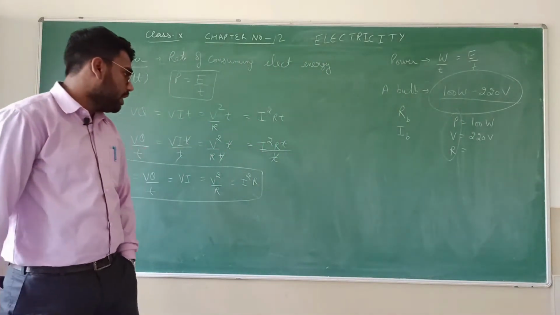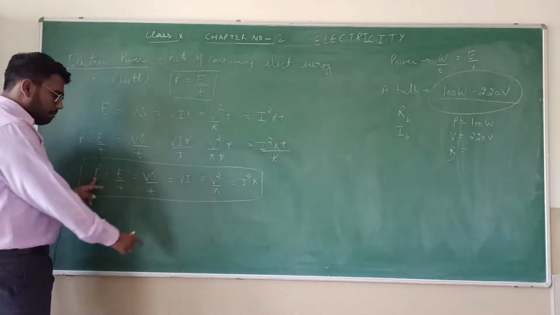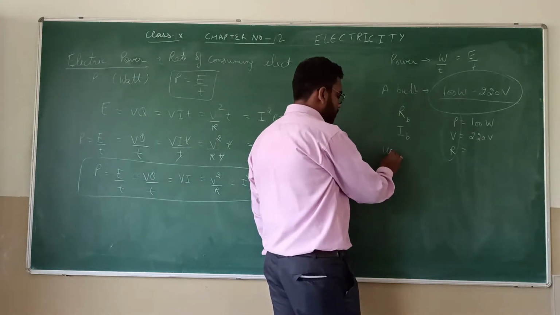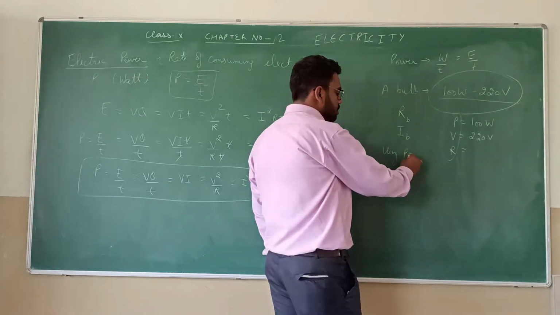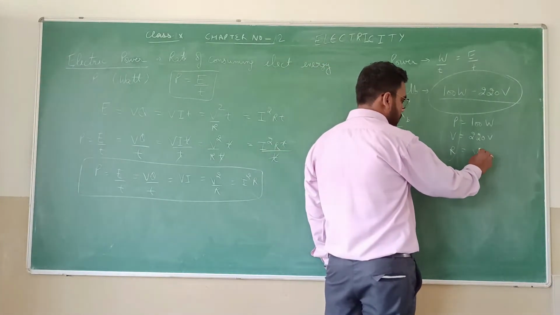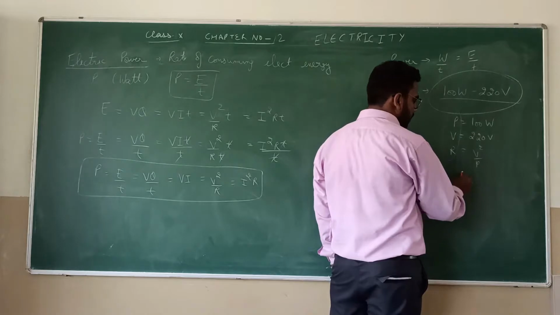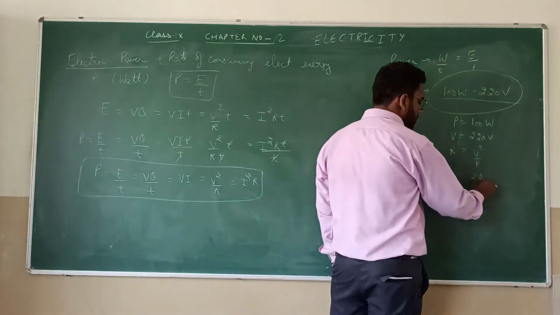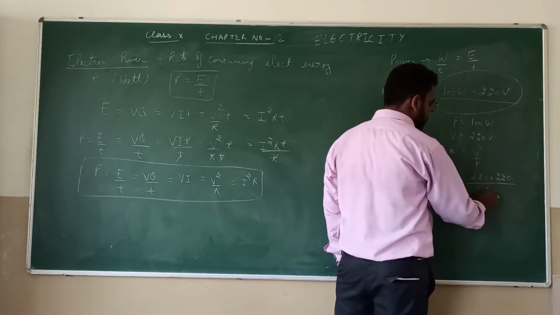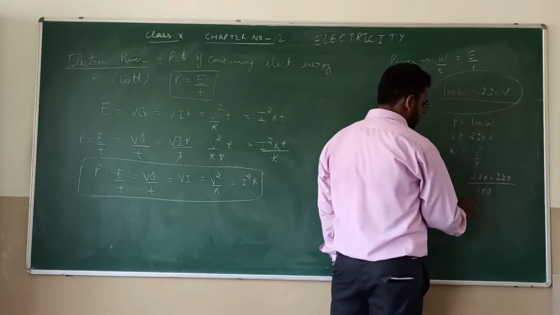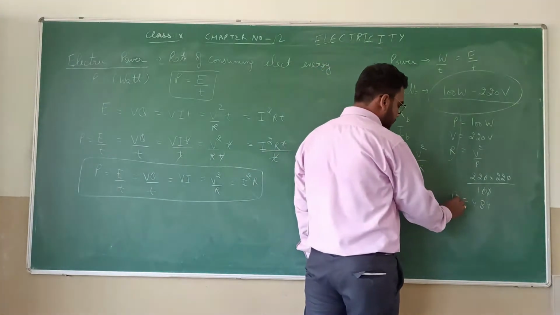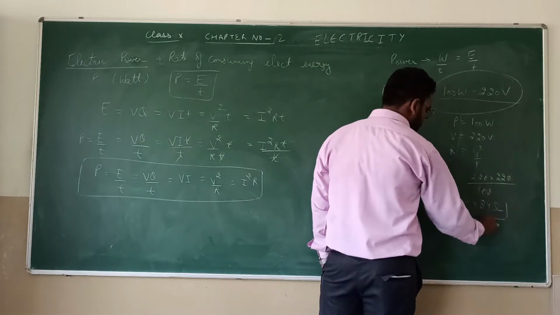Answer is, of course, power is equal to V square by R. After cross multiplying we get R is equal to V square by P. Solving this, square of 220 divided by 100, the answer is 484. We have found resistance, so the unit is ohm.